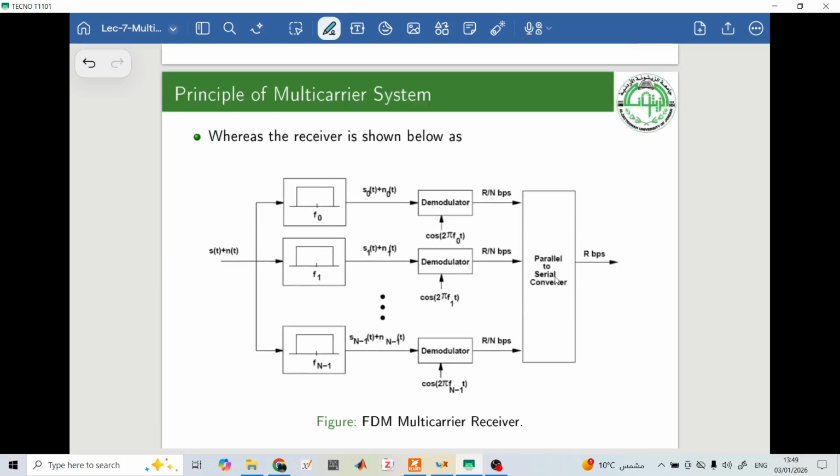At the receiver, we need to extract each subcarrier alone, so we need a bank of band pass filters. Each filter is tuned to the subcarrier center frequency, and then we do the opposite. We demodulate, and then we convert serial streams into parallel streams, and we give the data back to the user.